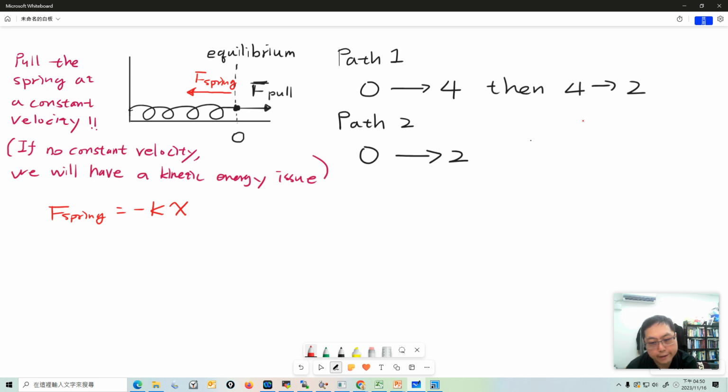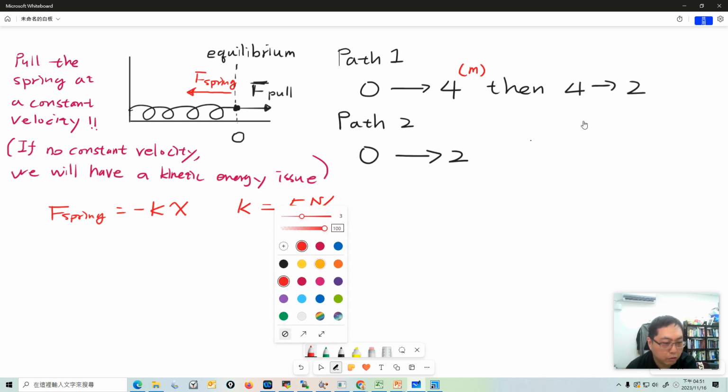Let's just say our k is 5 newtons per meter, and the unit of the x coordinate is meters, in the MKS system.